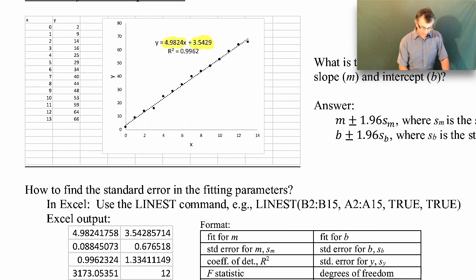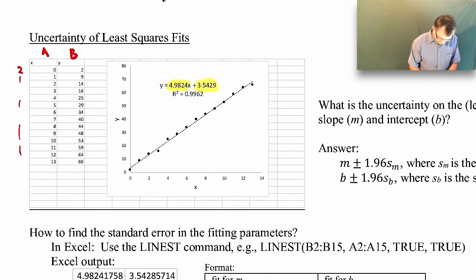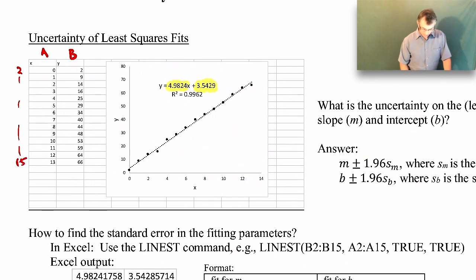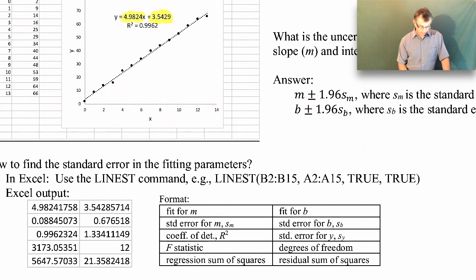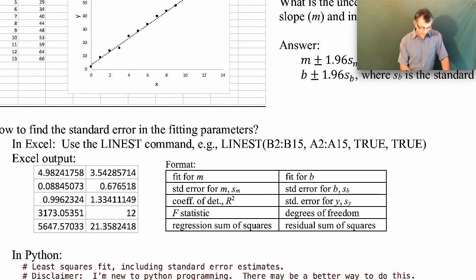But if I call this column A over here and this one column B, and this is row 2 all the way down to, what is that, row 15. The way you can use this linest command, it looks something like this. Again, you just have to read the documentation to get what each of these terms represents. But it'll give an Excel output.